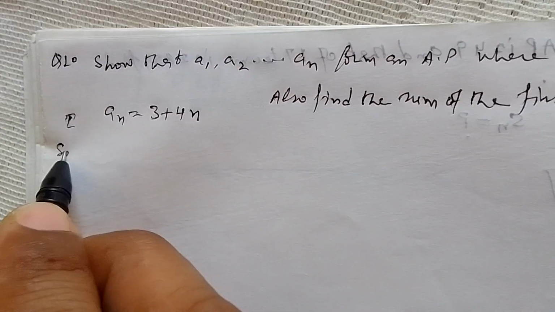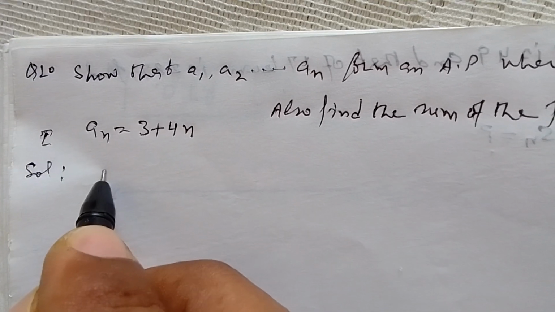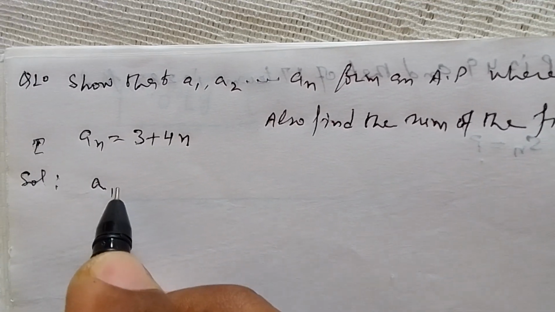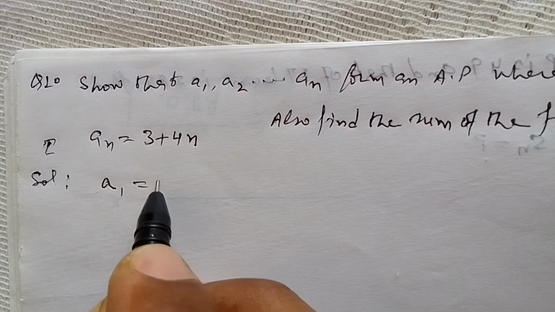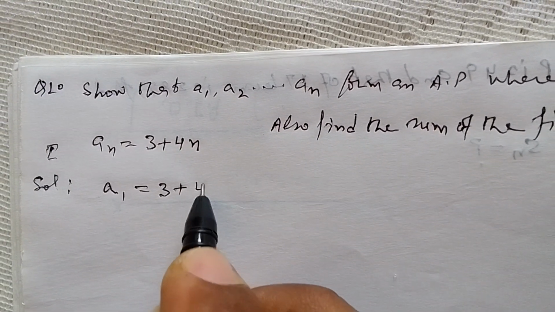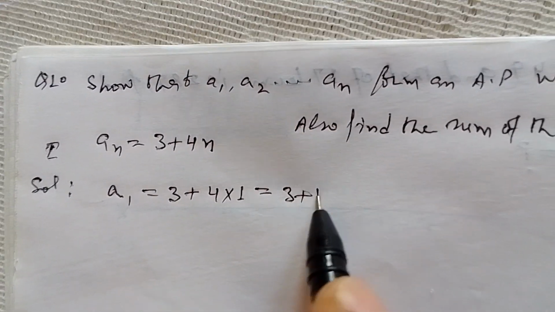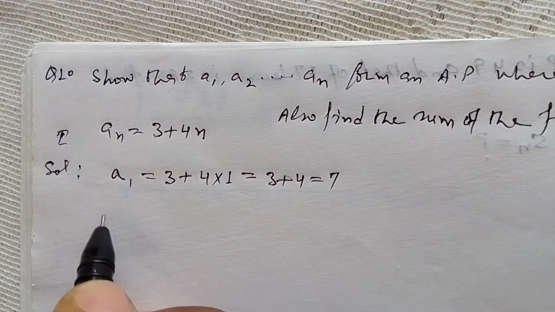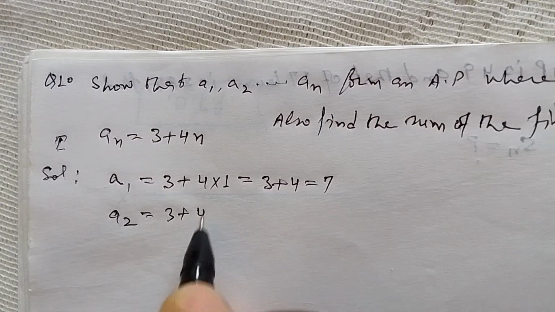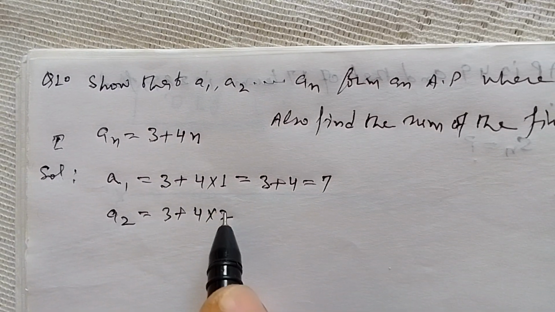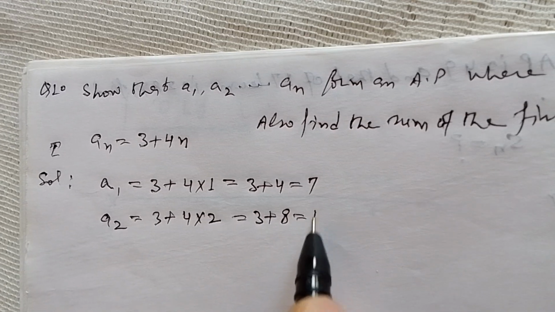The solution of the first part of the question is, we will find the value of the first term a1 by putting n equal to 1. So it comes out to be 3 plus 4 multiplied by 1, which is 3 plus 4, equal to 7. Similarly a2 is 3 plus 4 multiplied by 2, putting n equal to 2, it becomes 3 plus 8, which is 11.